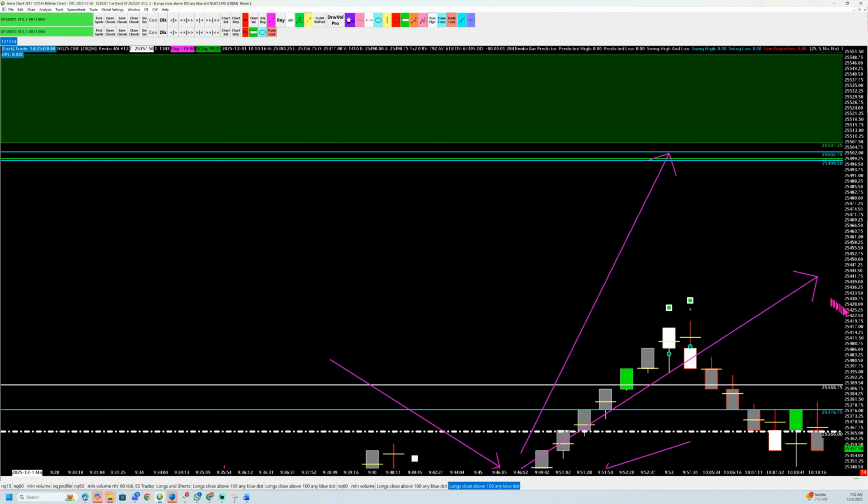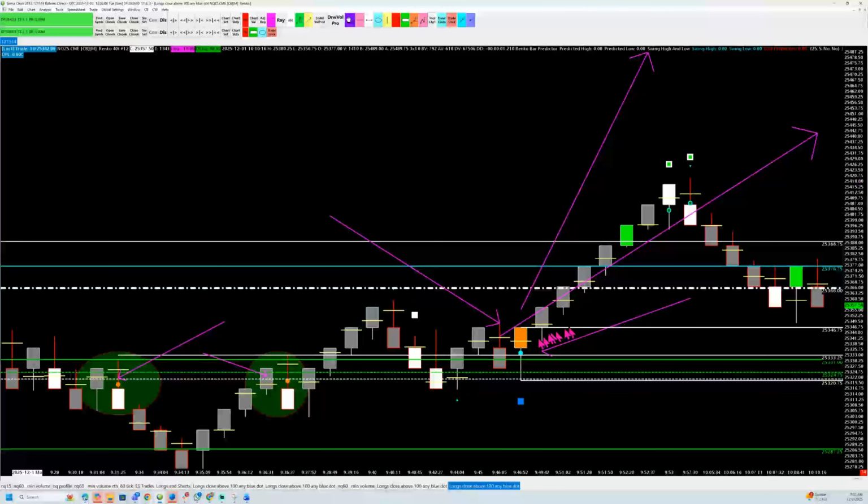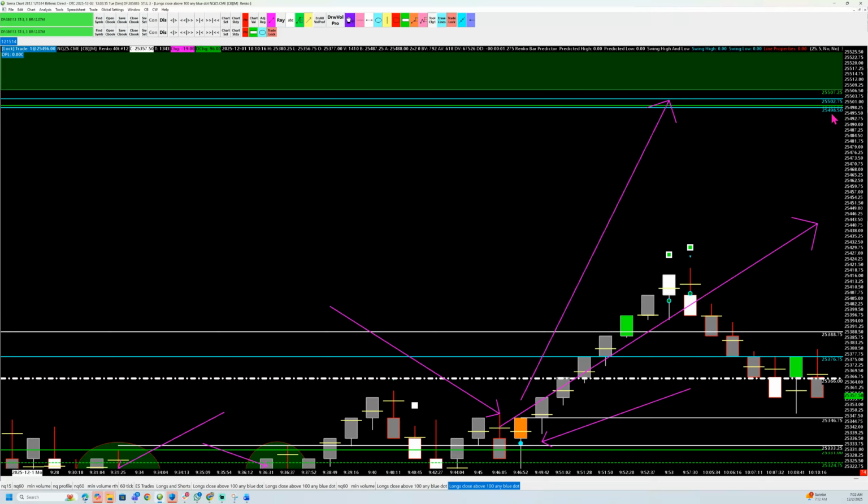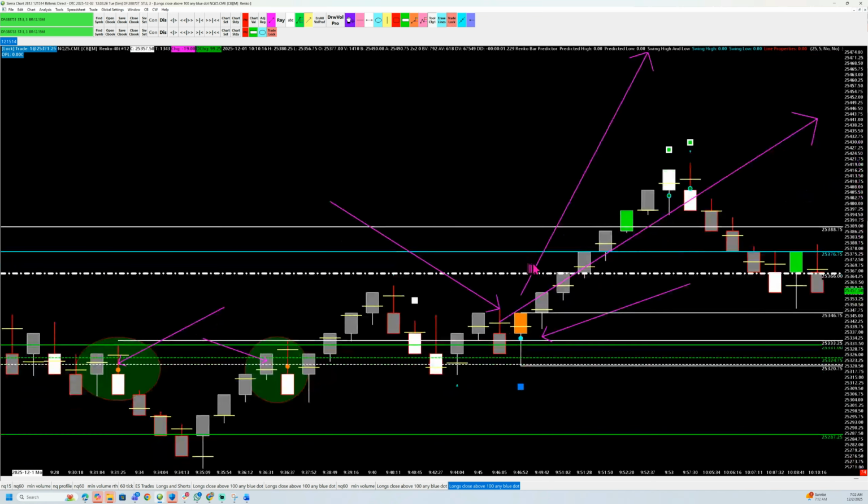So the potential for this trade, right, was from 25,346 to 25,498. Let's just do round numbers. 25,350 to 25,500. It's 150 points on one contract. That's $3,000 a contract for $600 of risk. That's over a 3-to-1 risk reward.